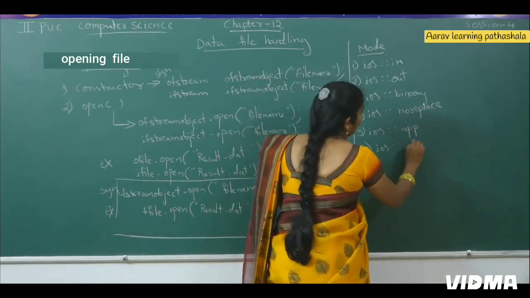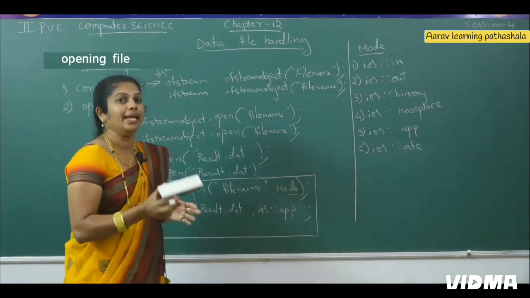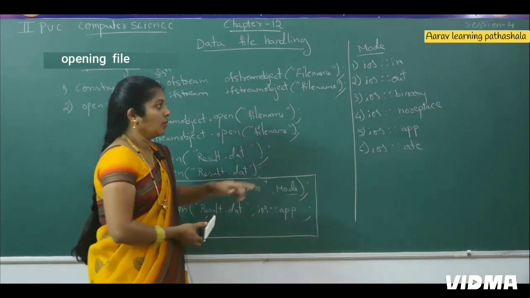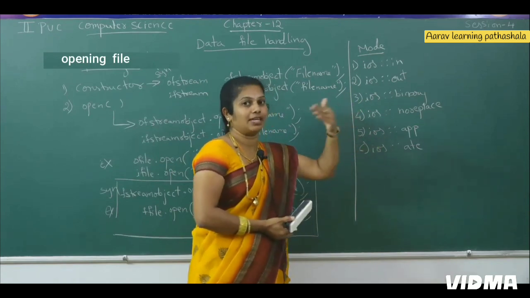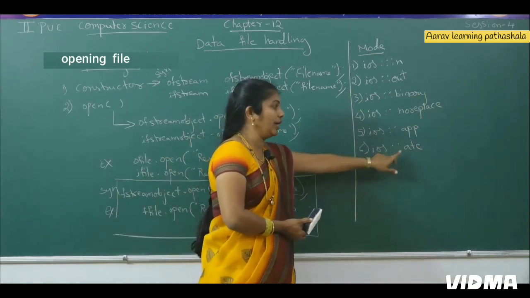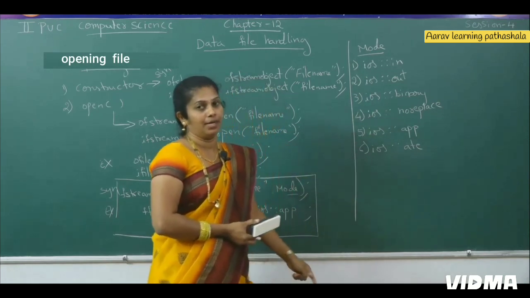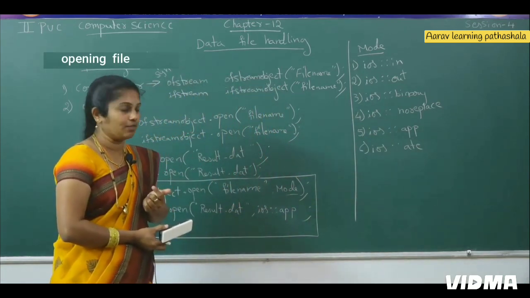The next one is ios::ate. This mode helps to update the content of the file, whereas append helps to move the file pointer to the end of the file. There we can insert, read, write, everything we can perform. Whereas with ios::ate, we use this mode to update the content of the file.